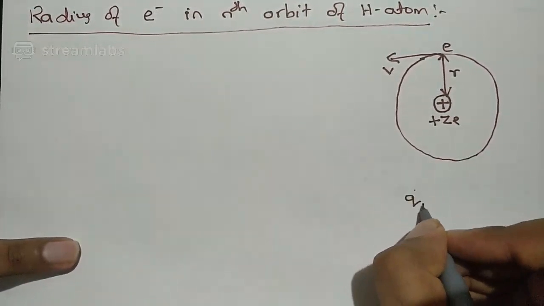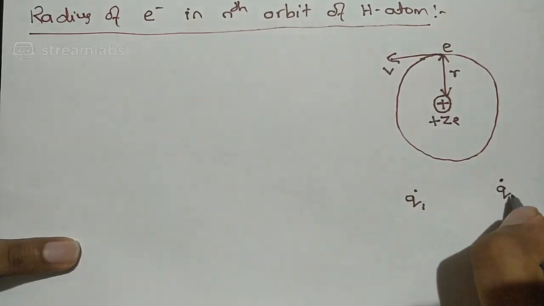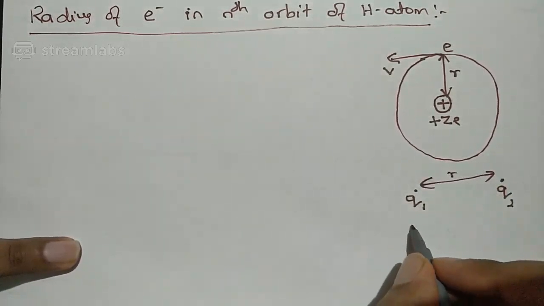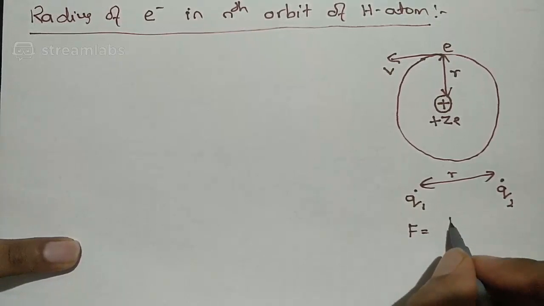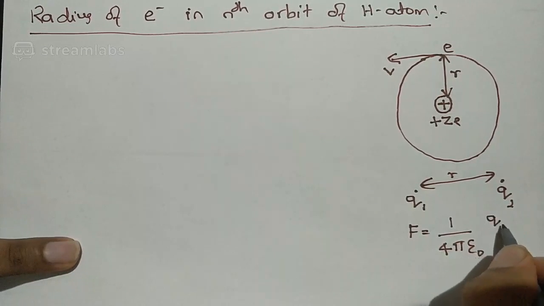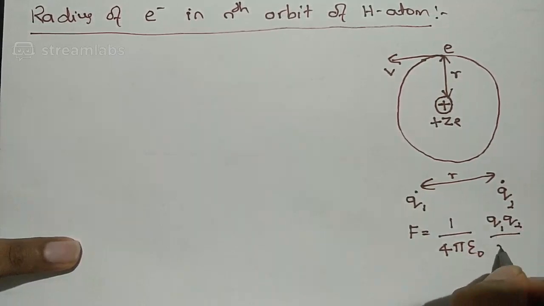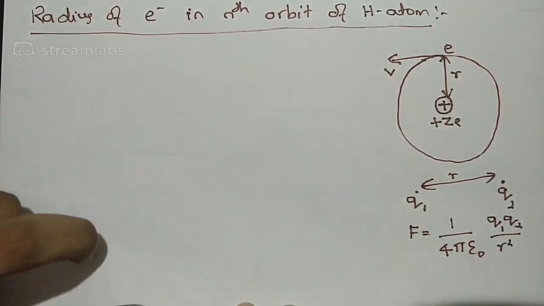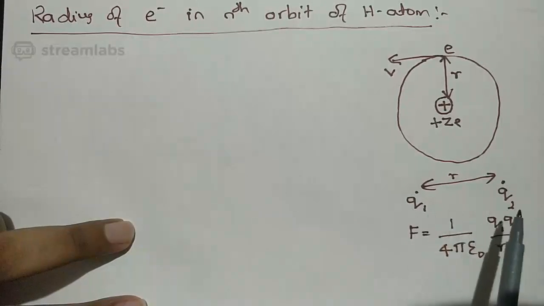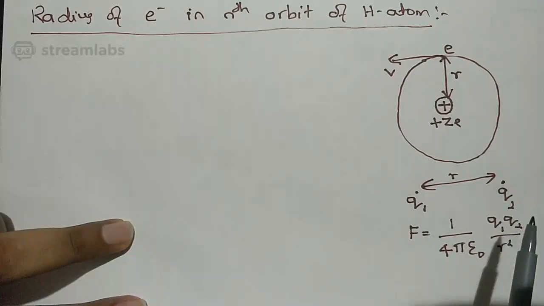This is charge Q1, this is charge Q2, separated by a distance of r. Then the force between them is F equal to 1 by 4 pi epsilon naught Q1 Q2 by r square. If both the charges are positive, then the force is repulsive.